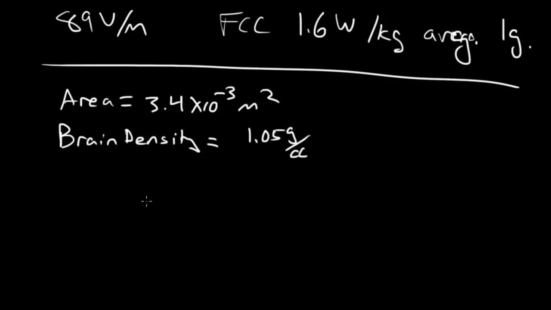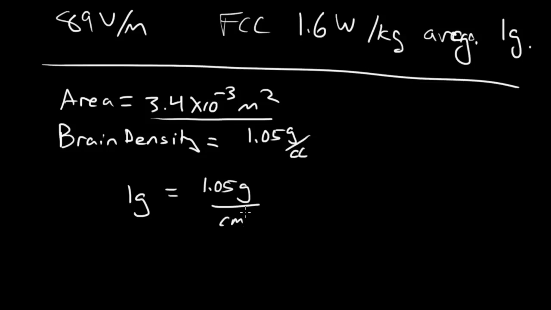We need to calculate, because we need to average this decay over 1 gram, how much brain mass is involved with, how much volume is involved with 1 gram of brain mass, and what's the thickness of that volume given this area. So let's write it out this way. So 1 gram equals 1.05 grams per cubic centimeter.